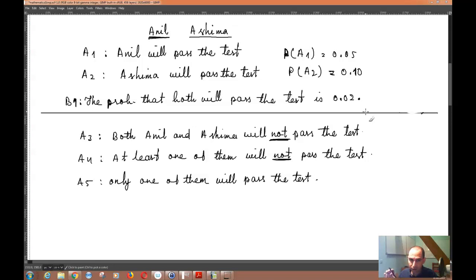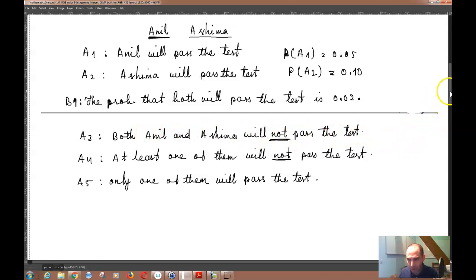Then based on how the problem has been solved, okay, you need to pay attention to how I'm phrasing this. You need to take a look at the solution. For example, in the case of the first part of this question, which is A3, this event, both Anil and Ashima will not pass the test.